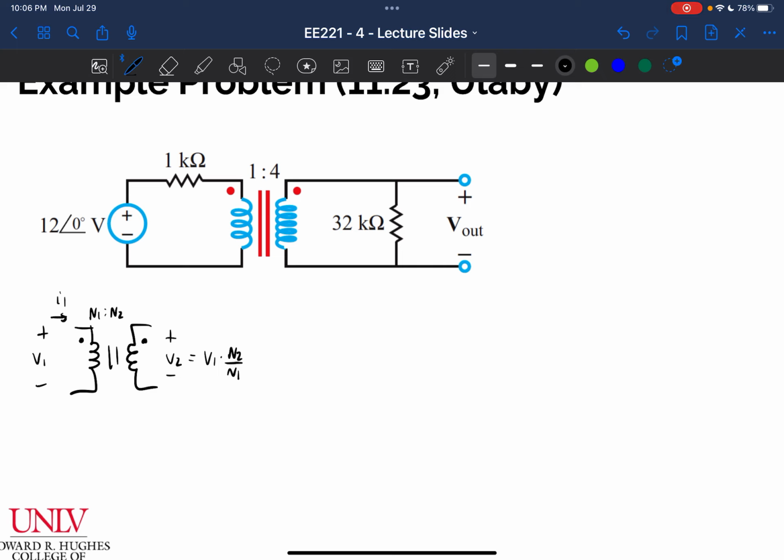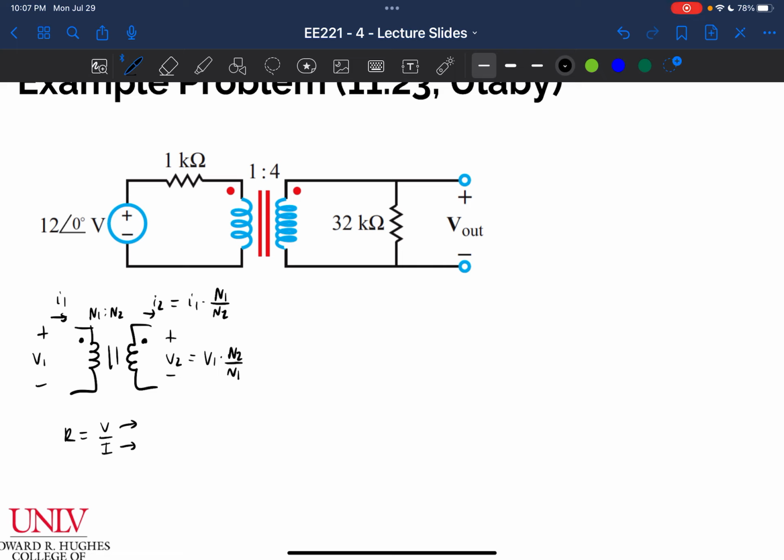For the current, on the other hand, we know that I2 is equal to I1 multiplied by the inverse of the turns ratio, okay? So if we want to transform an impedance, or a resistance in this case, which is equal to V divided by I, we're basically transforming the voltage and the current, okay?